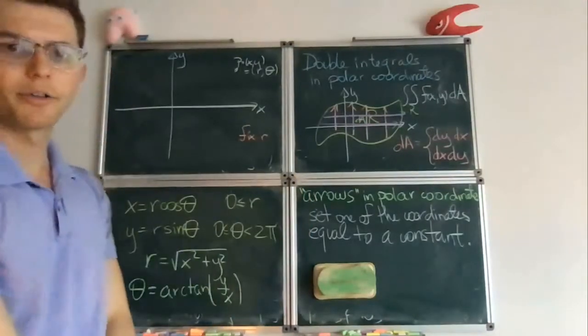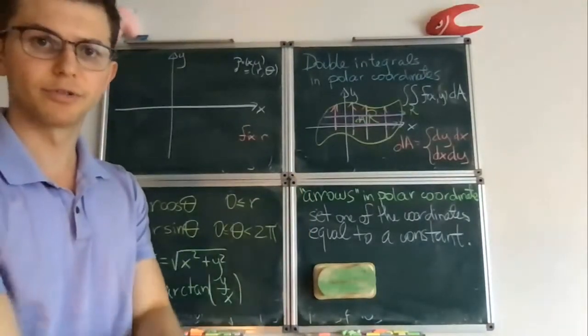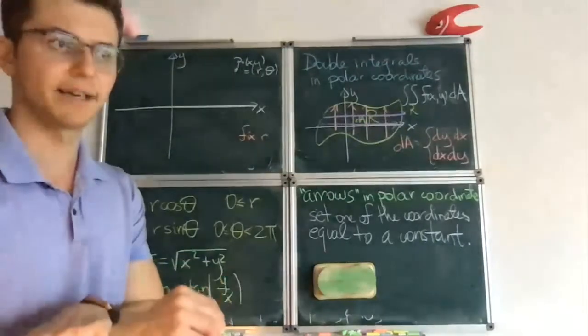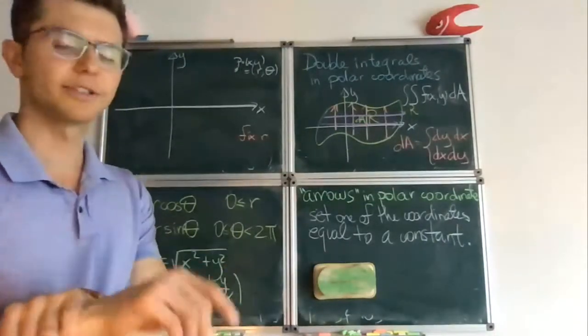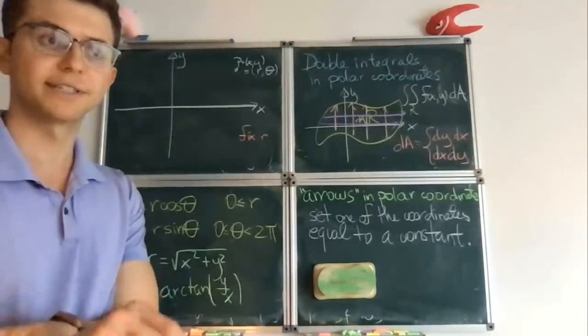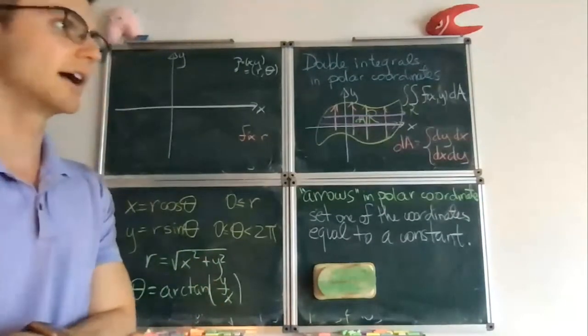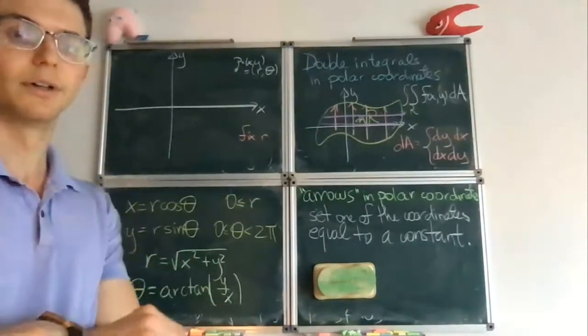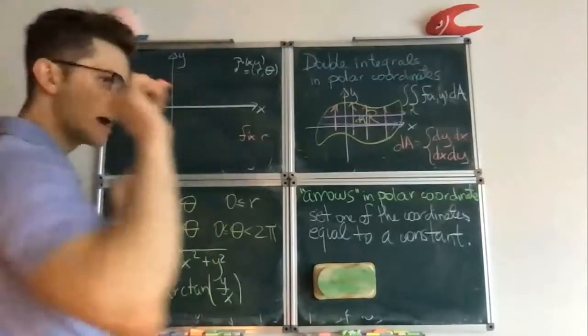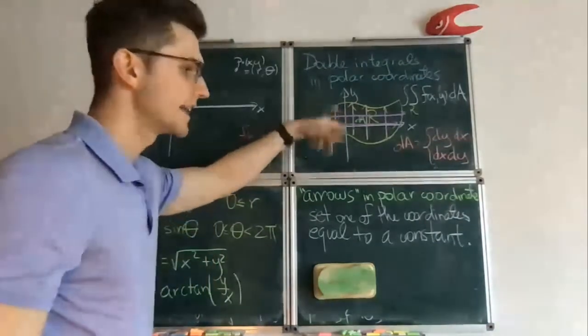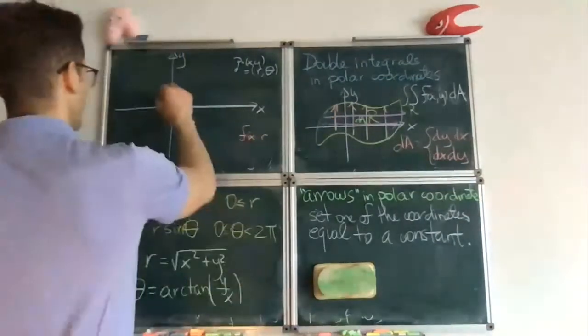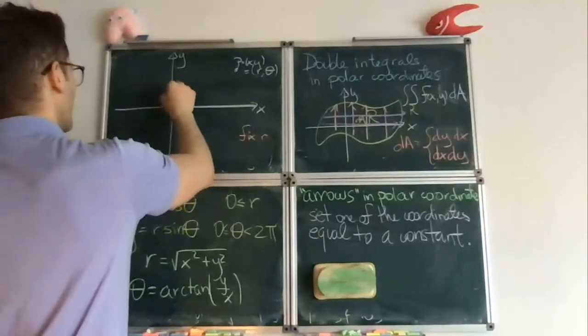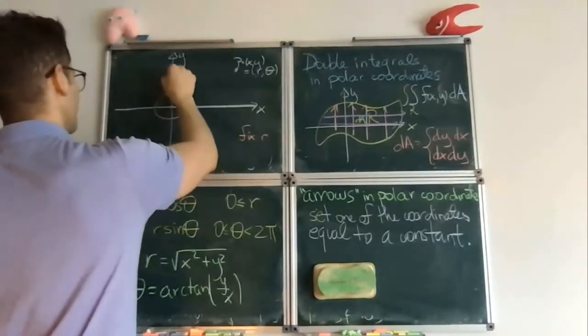When you fix r, you're looking at all the points whose radial component is the same, right? So that consists of all the points whose distance from the origin is the same, and that's by definition a circle. So what I'm trying to say is that the arrows, or the segments that correspond to having a fixed r, are concentric circles.